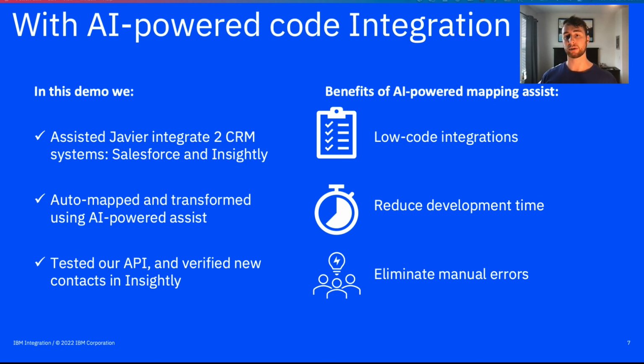If they weren't an identical match, we were able to generate recommendations to match those. Finally, whenever we built our integration flow, we called our API and verified that the API actually worked, and contacts from Salesforce were in Insightly, and we can view them from the Insightly window.